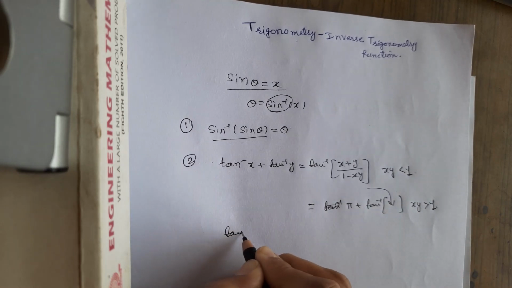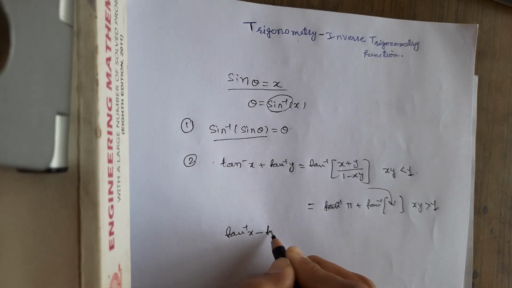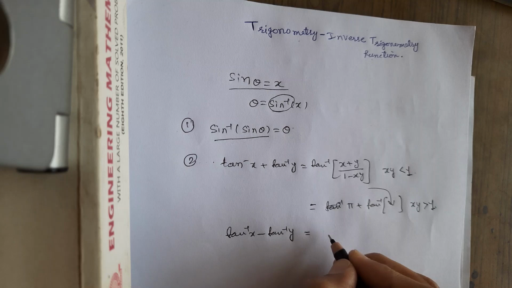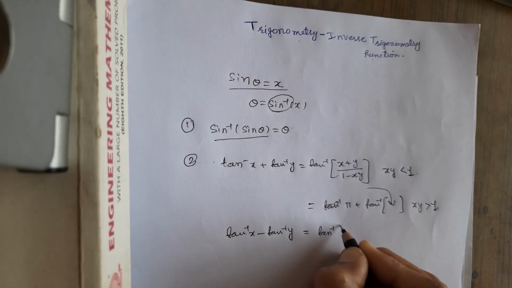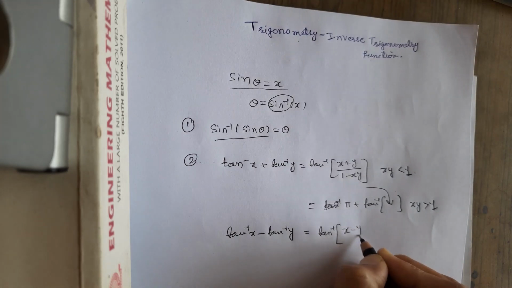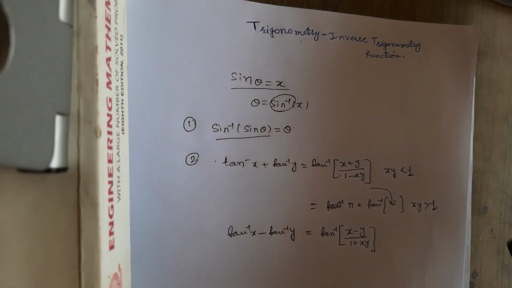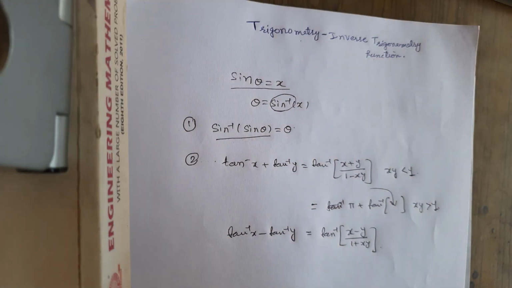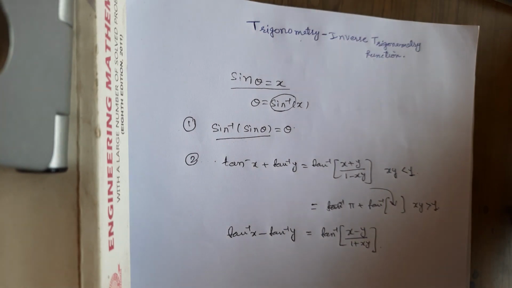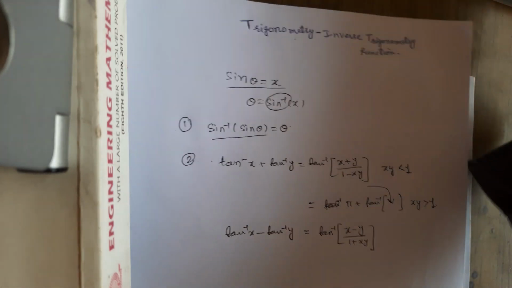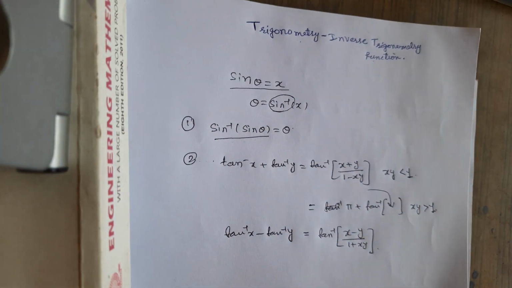Similarly, we discussed that tan inverse of x minus tan inverse of y equals tan inverse of (x minus y) upon (1 plus xy). So that's how we also saw the proof of this. Now I am going to show you how to solve examples using these properties.